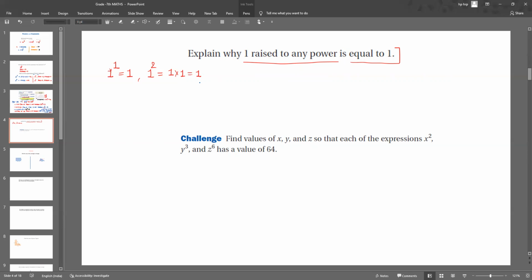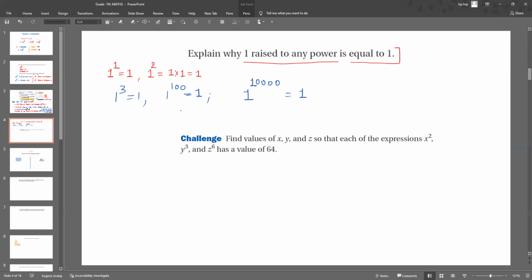If I write 1 cube, that is 1. If I write 1 raised to 100, that is also 1. If I take a larger power, for example 1 raised to 10,000, that is 1 multiplied 10,000 times, which is also 1.